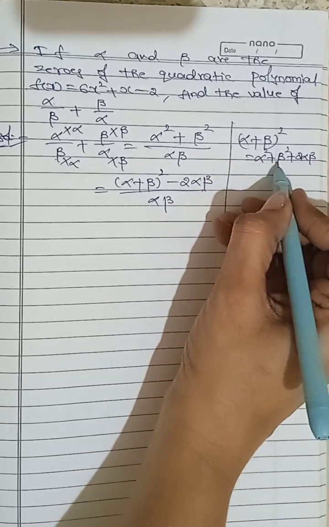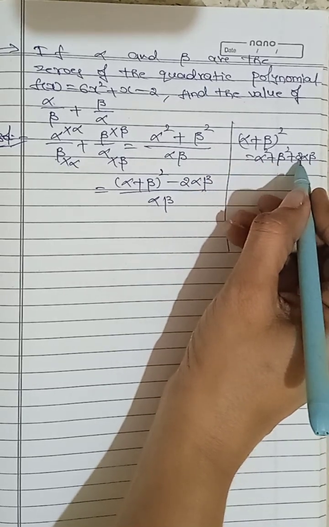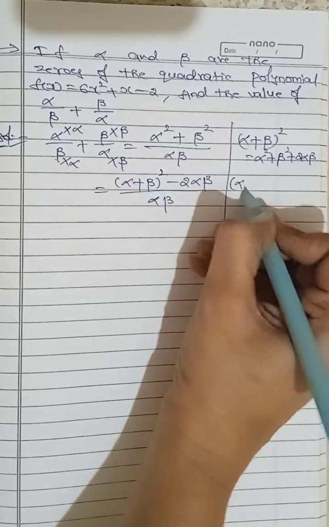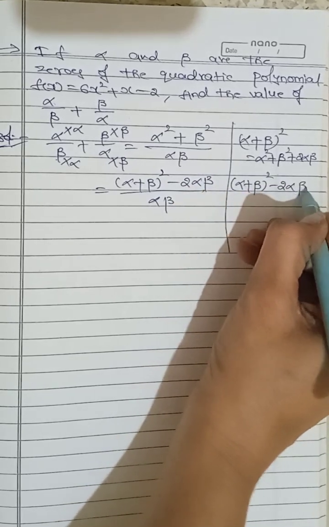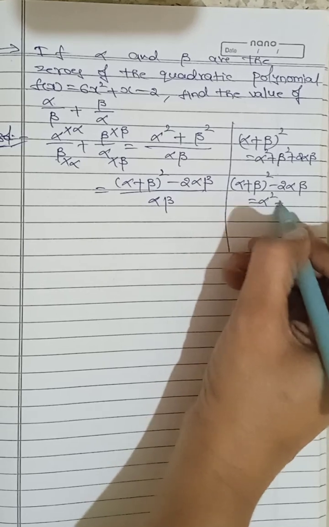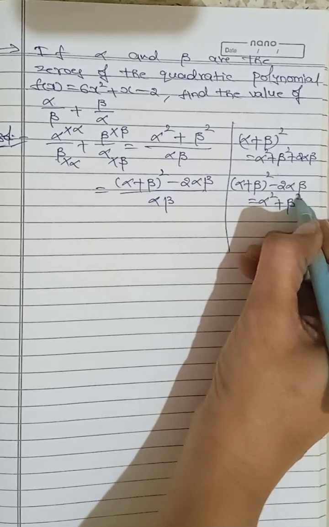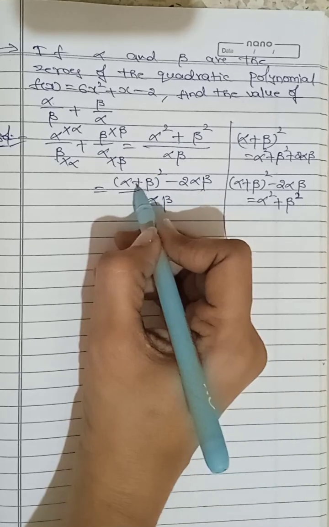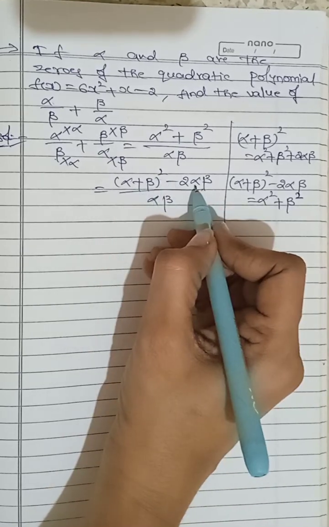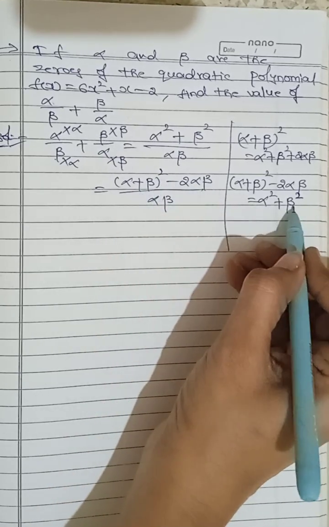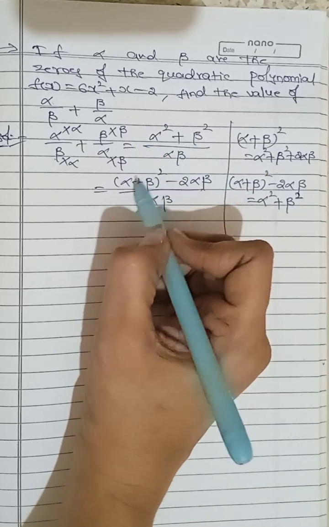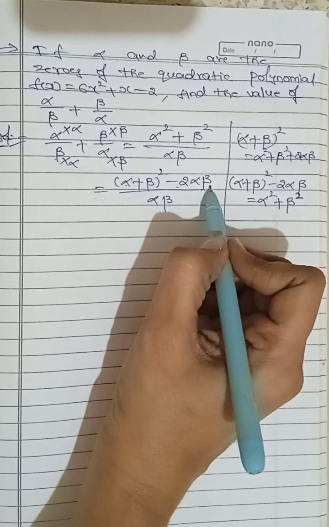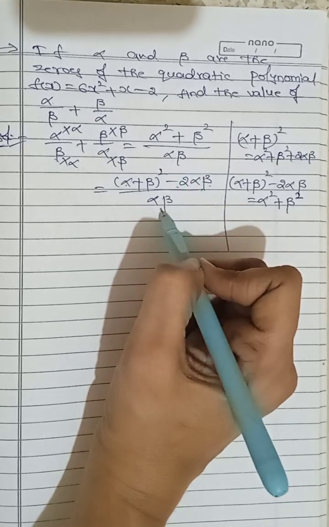So this alpha square plus beta square, let it be, the 2 alpha beta bring from RHS to LHS, it becomes alpha plus beta whole square minus 2 alpha beta is equal to alpha square plus beta square. So we write alpha plus beta whole square minus 2 alpha beta in the place of alpha square plus beta square, by alpha beta as it is.